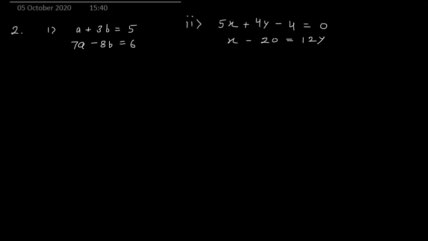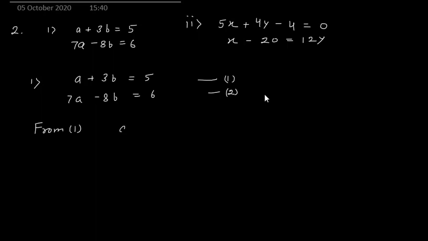Here if I solve this first question, a plus 3b equal to 5, I will consider this as equation 1, and 7a minus 8b is equal to 6 as equation 2. From 1 I have a equal to 5 minus 3b, and you can consider this as equation 3.